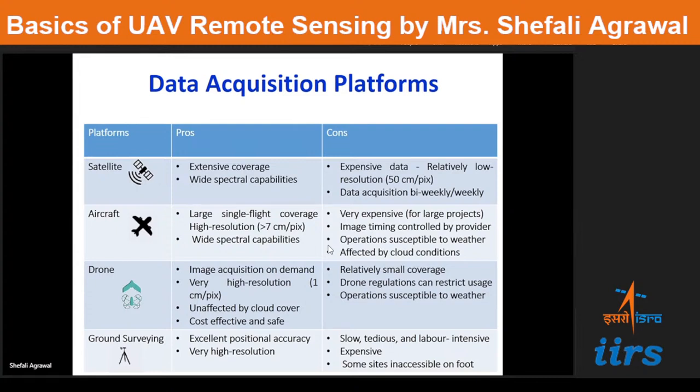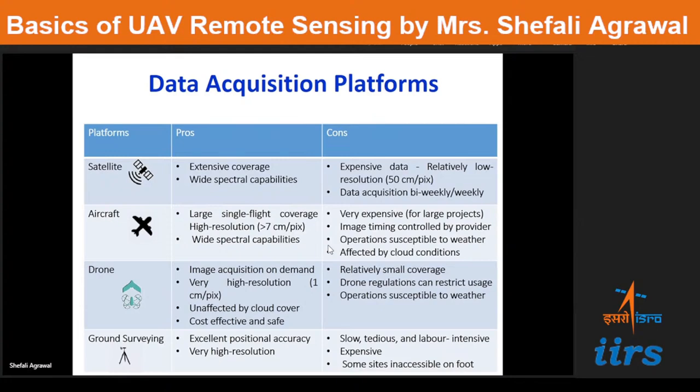Another platform also used in remote sensing is the ground platform, or ground surveying instruments, which give you very high resolution data because you are taking it on the ground itself. The data are very precise and highly accurate. But the main challenges with ground-based platforms are that they are labor intensive and time consuming.